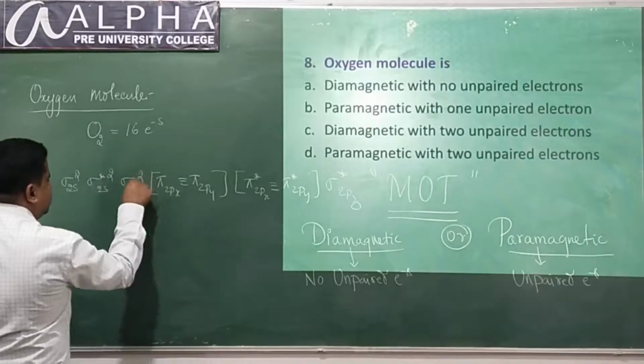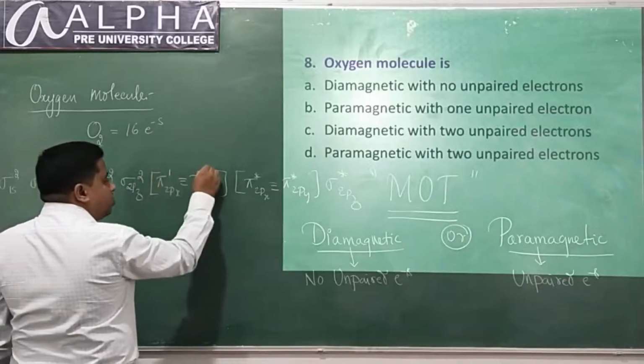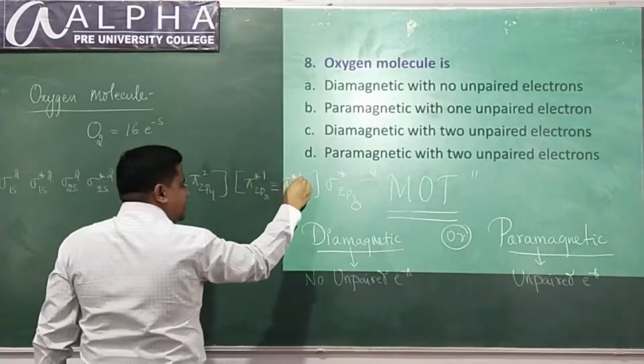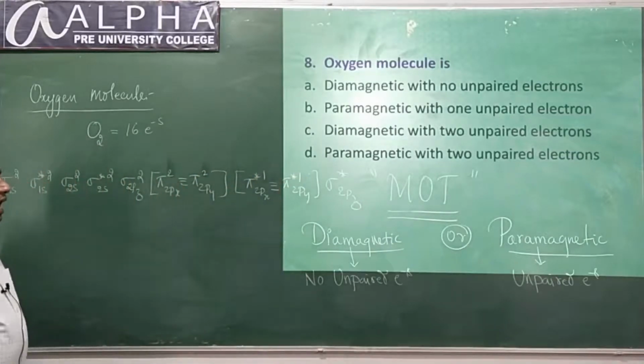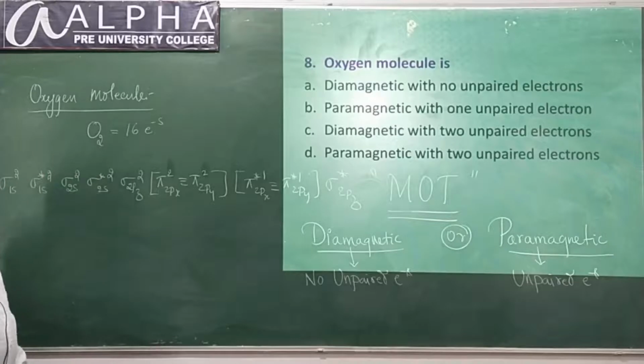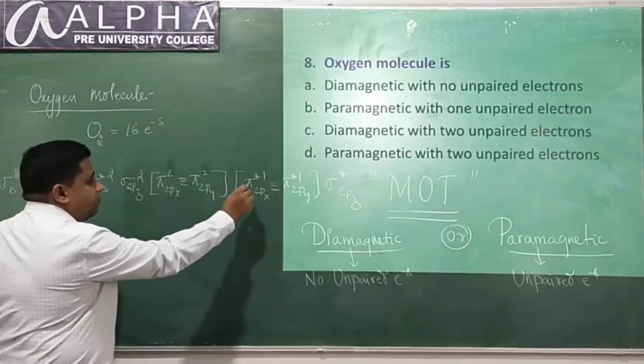Sigma 2pz, how many? 2, 4, 6, 8, 10, 12, 14, 15, 16. Did we fill all the orbitals with 16 electrons? Yes.